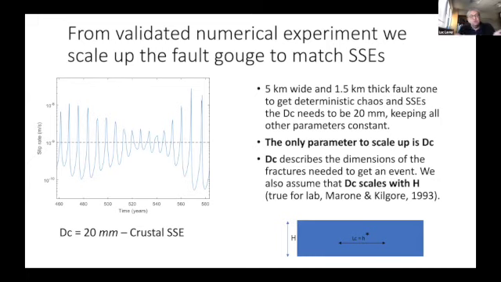It's true for the lab, so in the numerical model we both scale Dc and h. And to make it simpler, we use h star or Lc, the nucleation length, instead of Dc to scale up. That's the same because h star contains all the rate and state parameters.